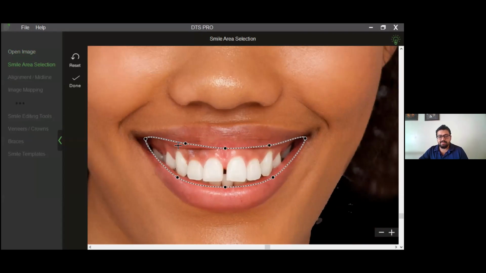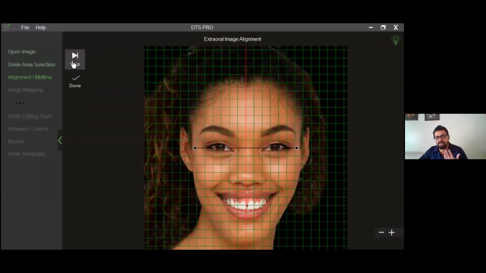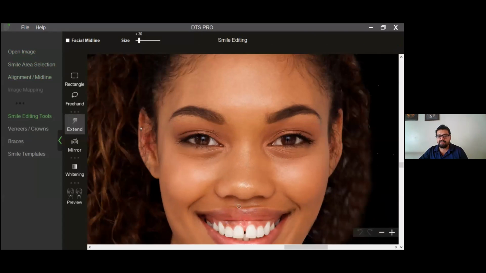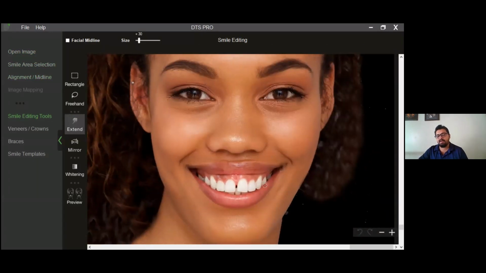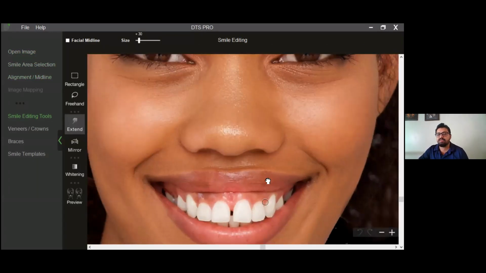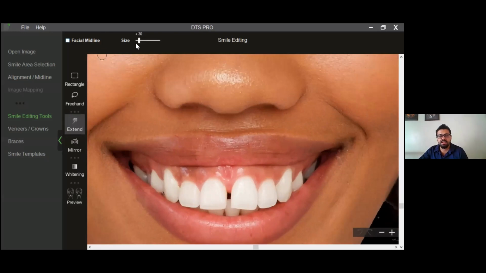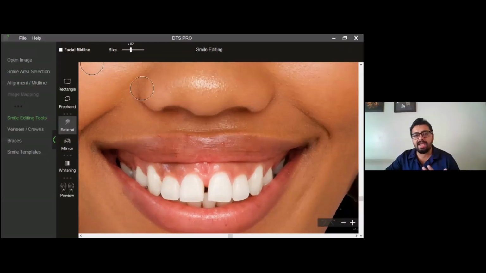So see, being a dentist, I know a dentist would not want to waste a lot of time in using technical software. We have got so many things to learn in our own field that we don't want to add a very cumbersome software that we need to learn and practice day in, day out. That was the primary reason why we wanted to build something which is easy to use, can be done probably in the first visit itself when the patient is sitting in the consultation area, right?